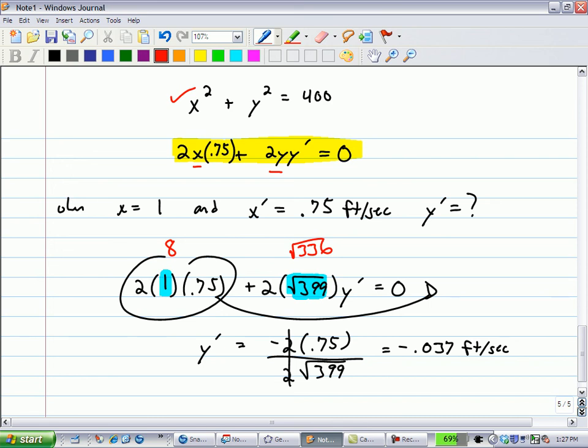So yeah, it changes your answer, and when you go through and do it that way, the first one was negative 0.037 feet per second. What was y prime for when x was 8? 0.3273.